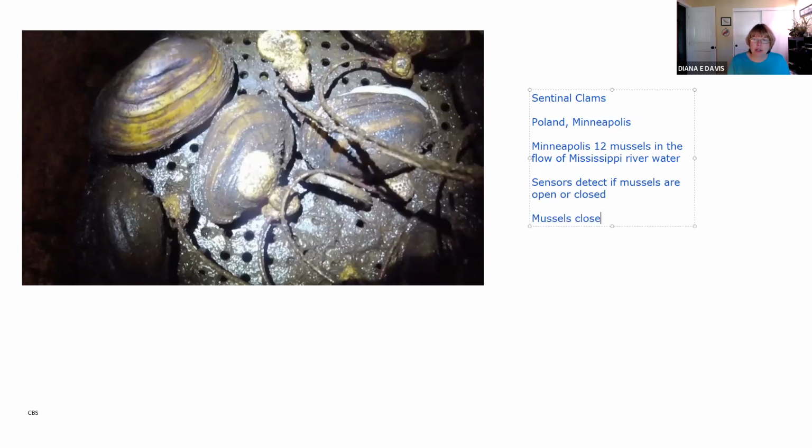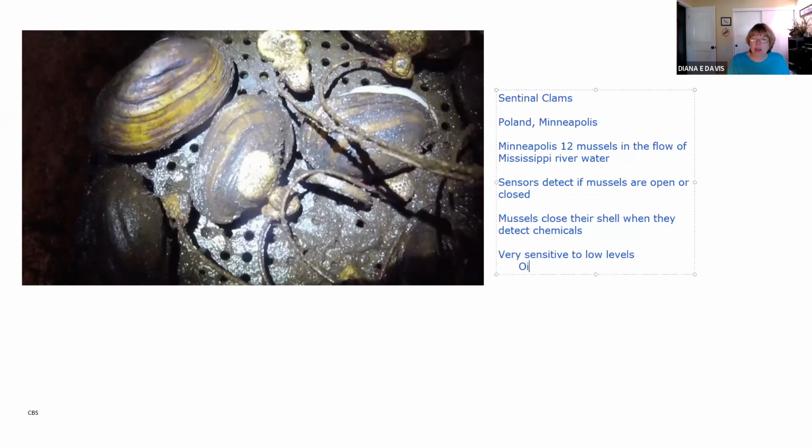Mussels close their shell when they detect chemicals. They're not as good at detecting infectious diseases, but for chemicals, this is really, really good. And they are very sensitive to low levels of certain really dangerous chemicals, including things like oil. So they'll detect an oil spill before there's any other way you can detect that.